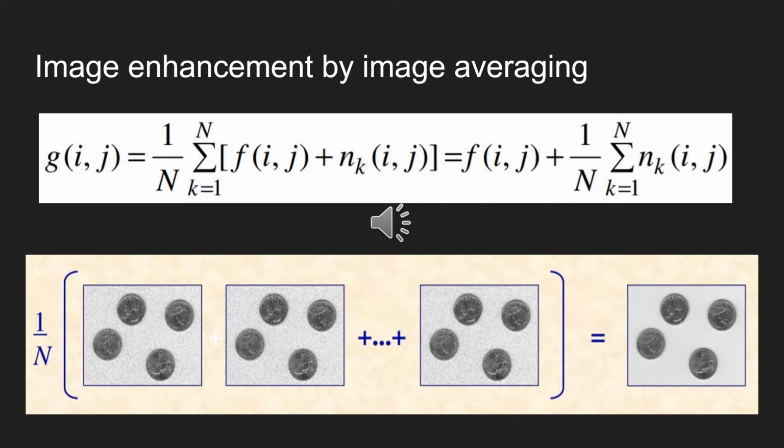In the above algorithm, f of ij is the pixel value at the ith row and jth column, and nk of ij is the corresponding noise value at the ith row and jth column. Then g of ij is the result of applying this algorithm at the ith row and jth column.